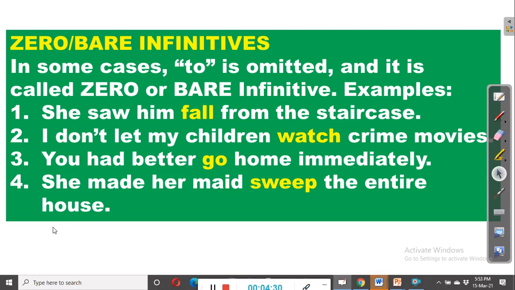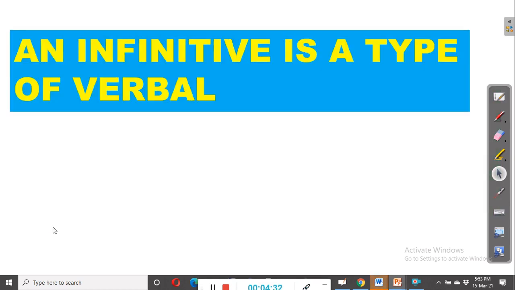Now, let's move further and look at an infinitive as a type of verbal. You will want to know what a verbal is and what are other types of verbals, and we can look at the similarities among other verbals and the infinitive.